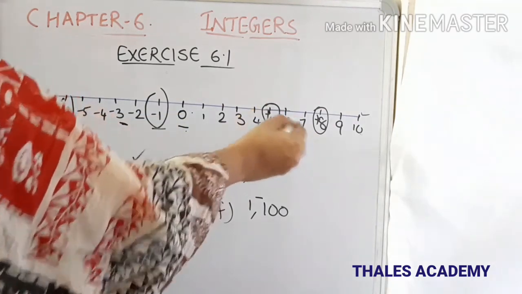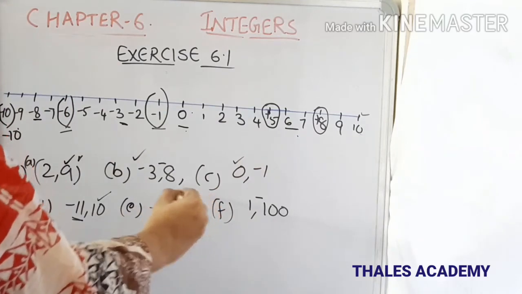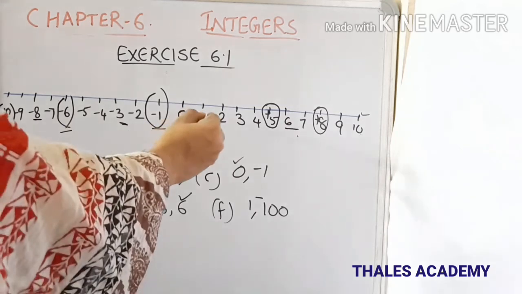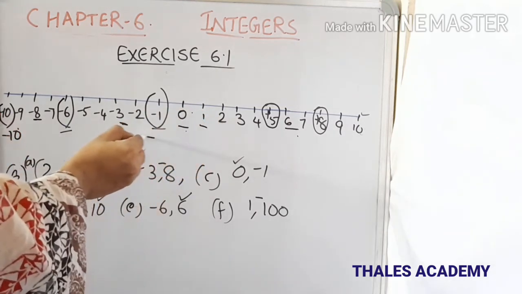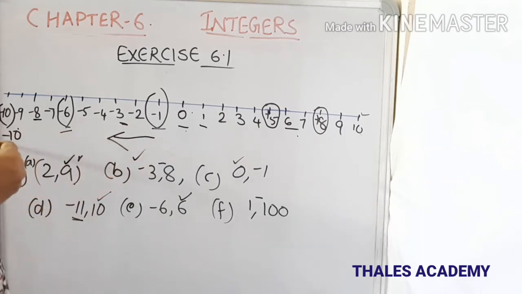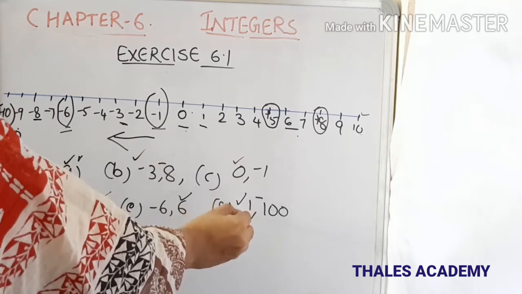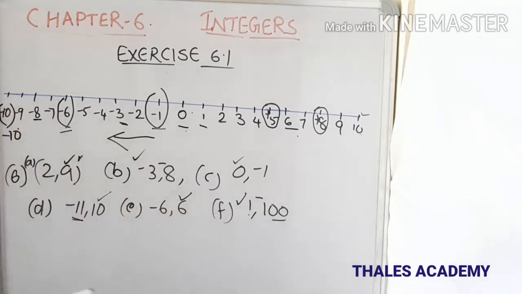So positive 6 is the number which lies right to minus 6. 1 and minus 100. 1 lies here and minus 100 lies on this side. So 1 is the number which lies right to minus 100.